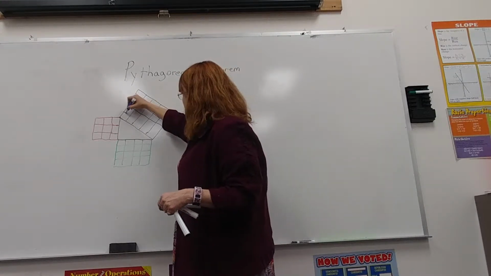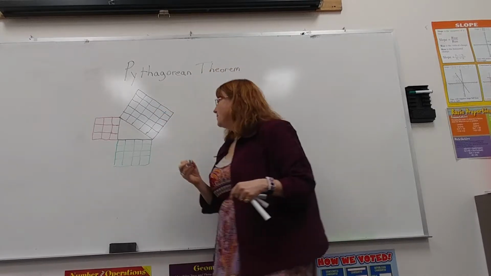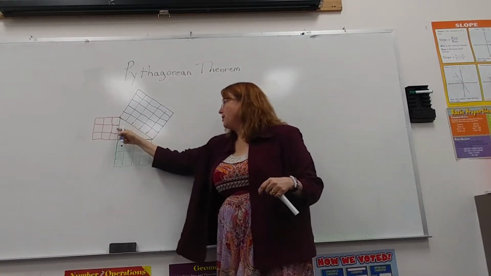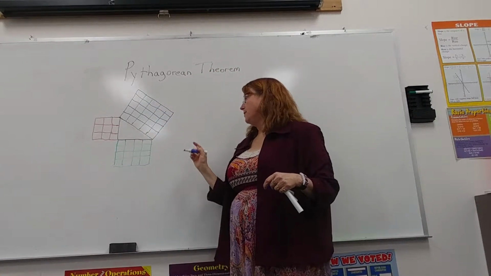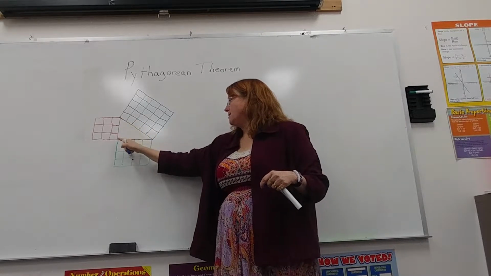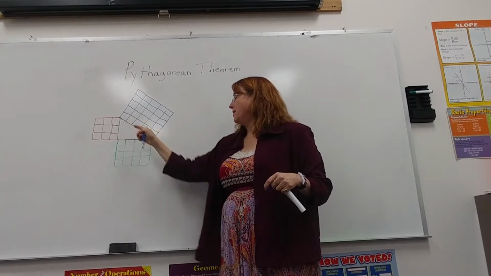And we're going to pretend like those are actually straight. Okay, so you have what's called a 3, 4, 5 triangle. These 3 blocks, these 4, and then we have 5 along here.